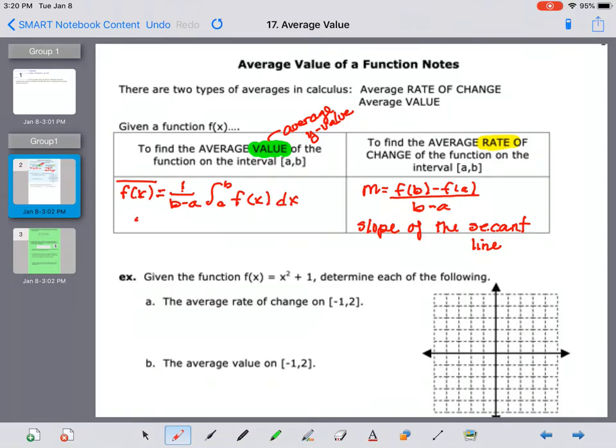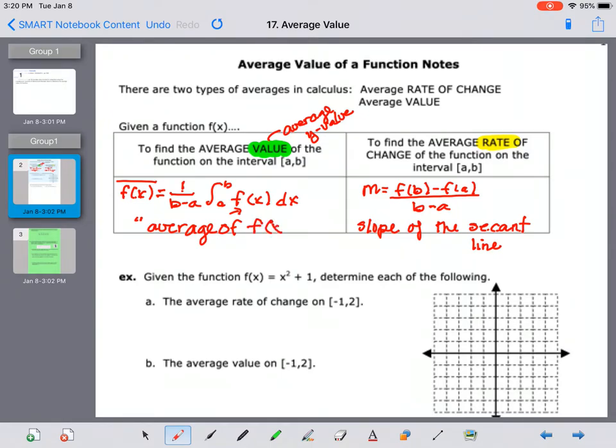And this is really just the average of whatever's here, and in this case, the average of f of x.